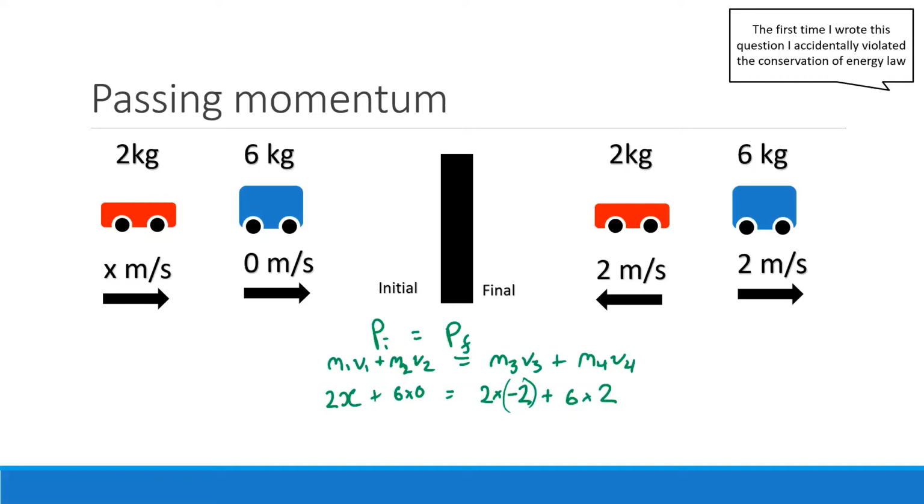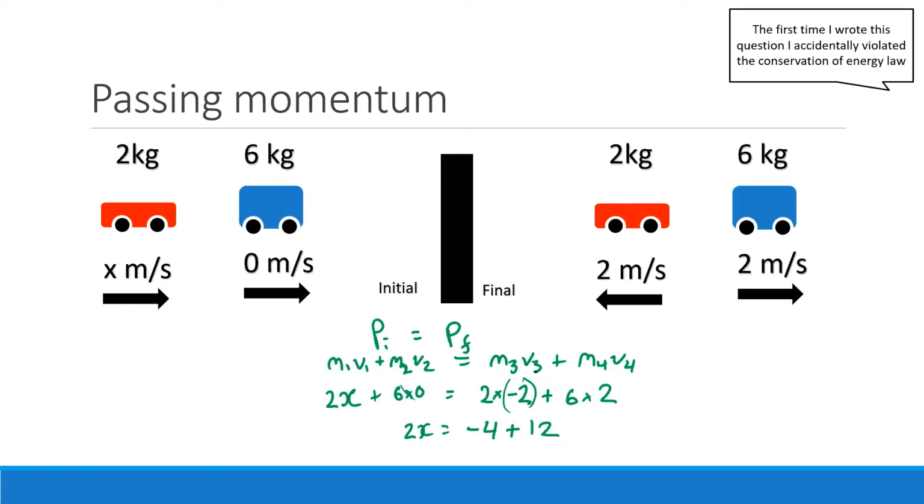But that means that when we finally calculate this, 6 times 0 is going to be 0. So we've got 2x equals 2 times negative 2, which is negative 4, plus 12.